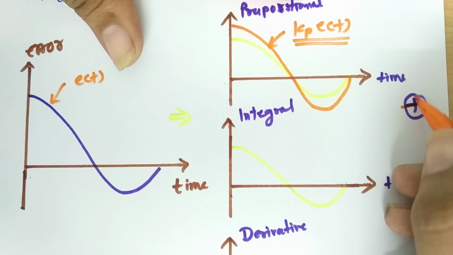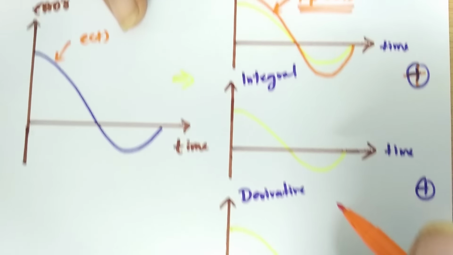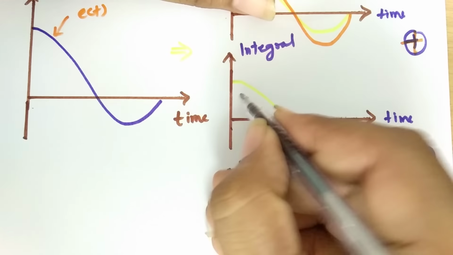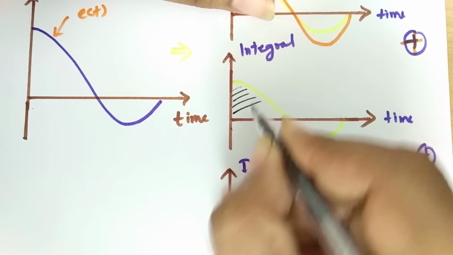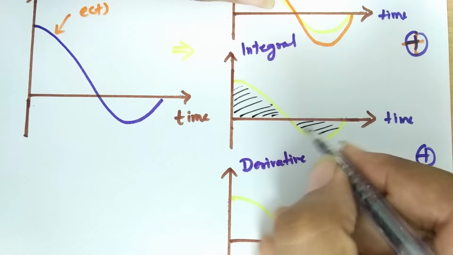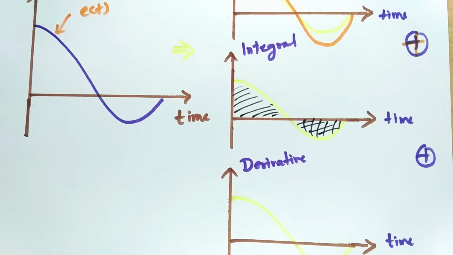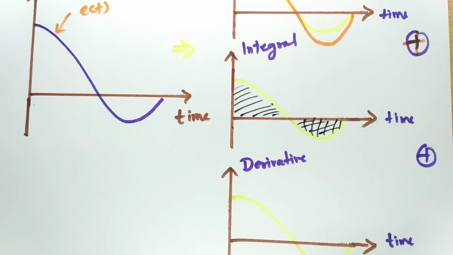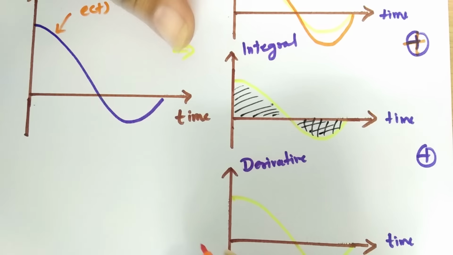Now that is getting added with the integral controller. The integral controller's output is purely based on positive area and negative area. Here one can clearly see this is negative area. So what will happen here with the integral controller?